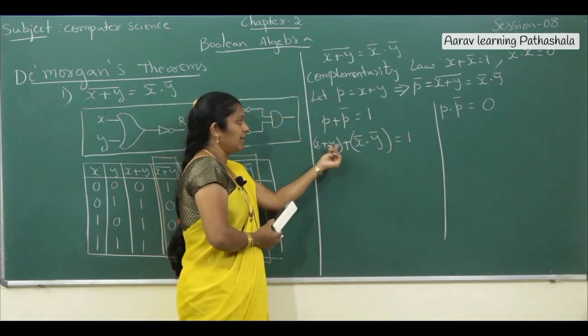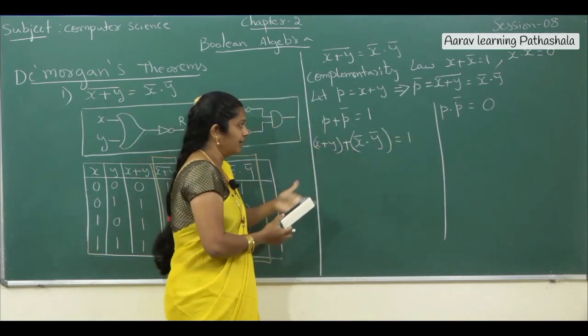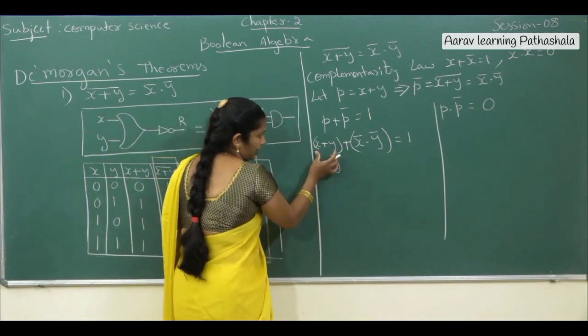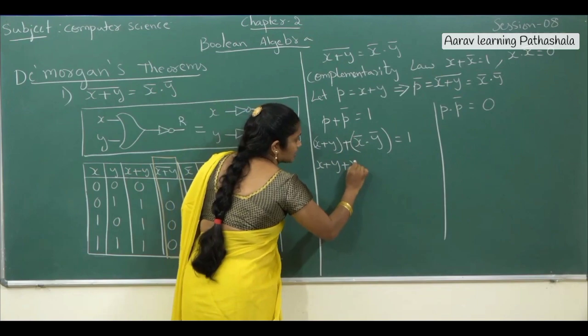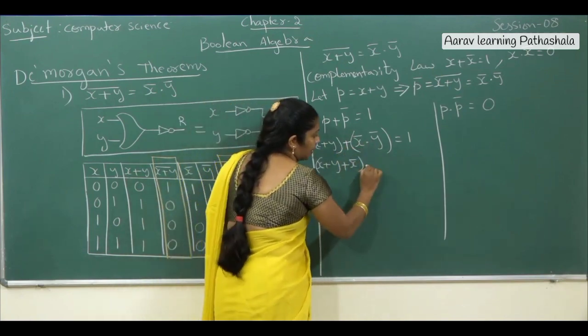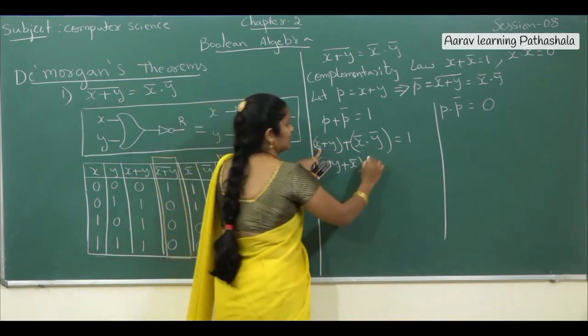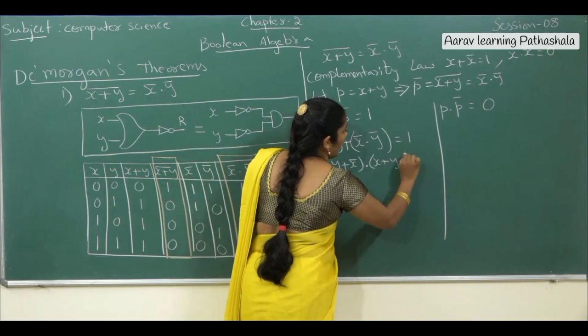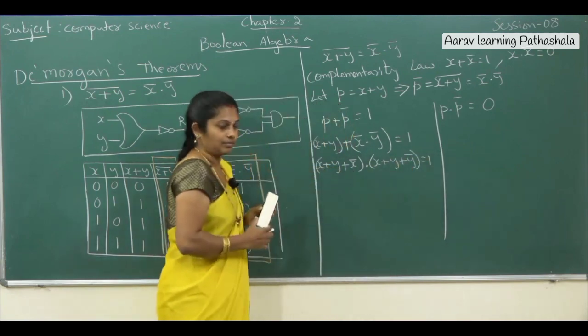Now here we have a plus operator, here also we have a plus operator, then distribute that. That is, the first part x plus y I am going to take, then plus x bar. This is the first part. Then next here we have the dot operator, write down the dot as it is. Once again distribute that. x plus y bar equals 1.